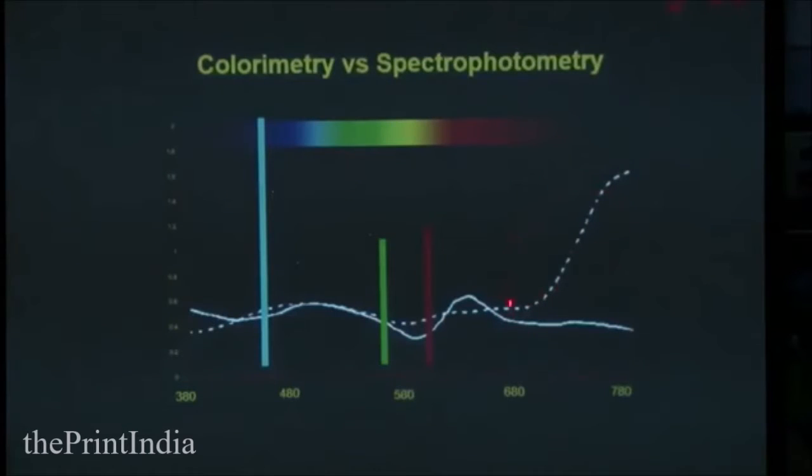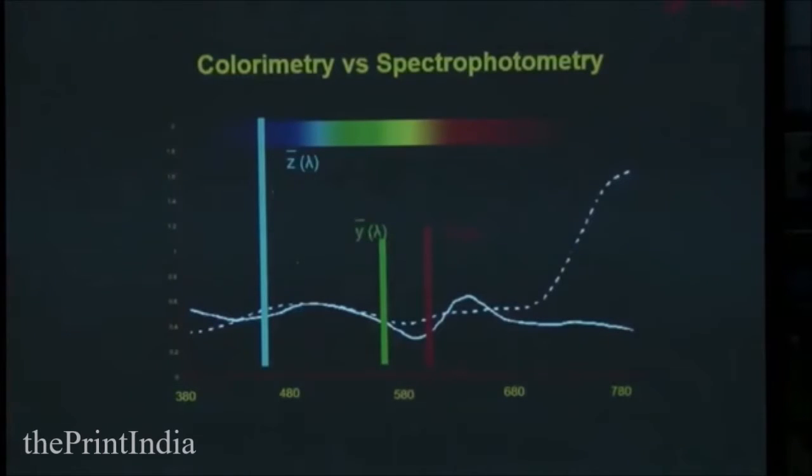But in this area, this color is reflecting more red, this color is not reflecting so much red. So this is where the colorimeter is less useful, where you need an instrument called a spectrophotometer, which measures the entire spectrum, all the wavelengths, and gives you a better indication of color.